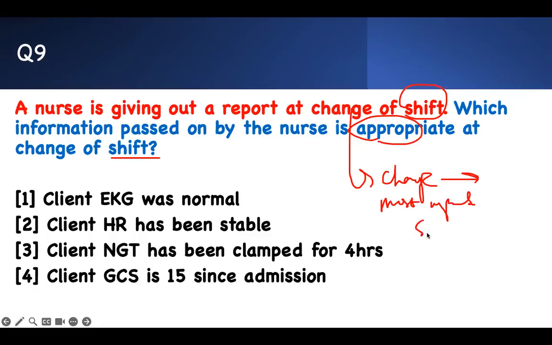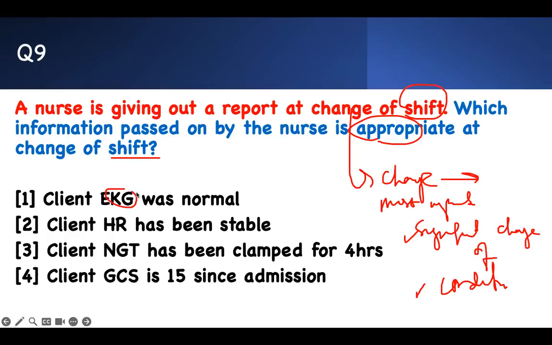Any change, significant change of condition. That's the key word. Which of these shows a significant change of condition? That is what you're supposed to pass on during change of shift. One word, significant change of condition.